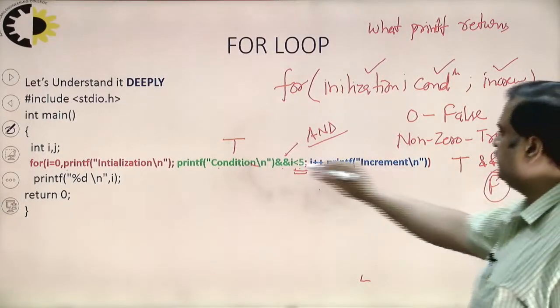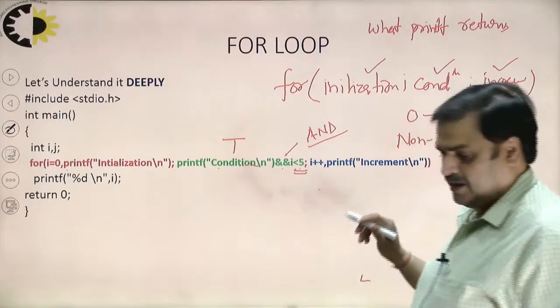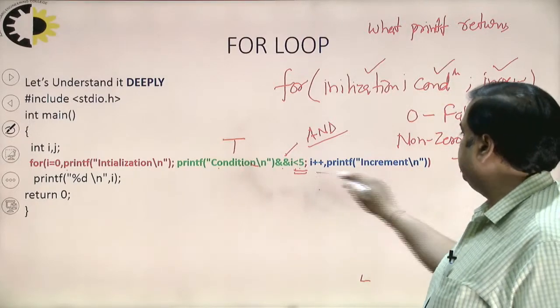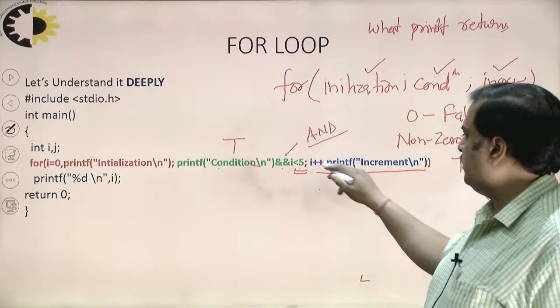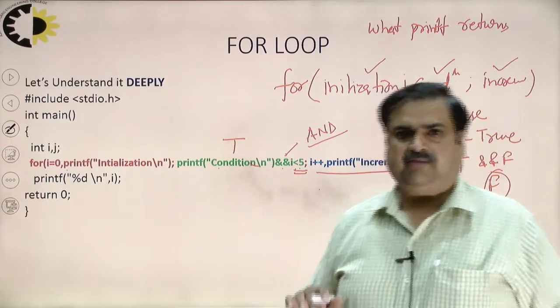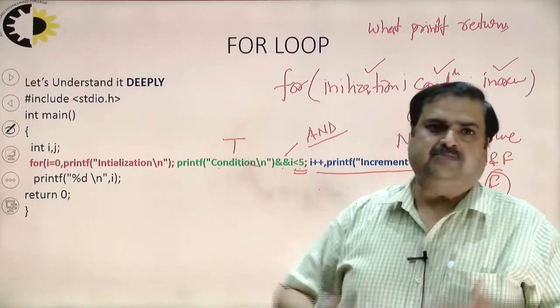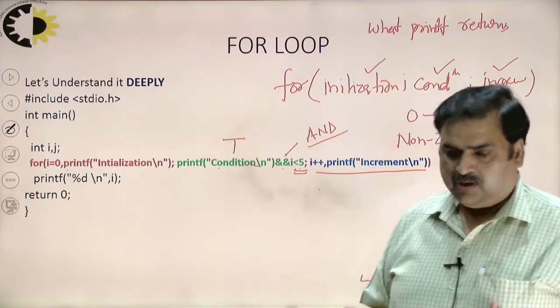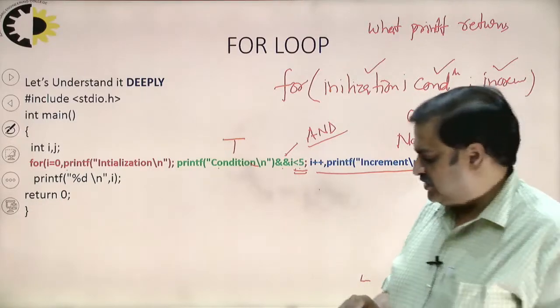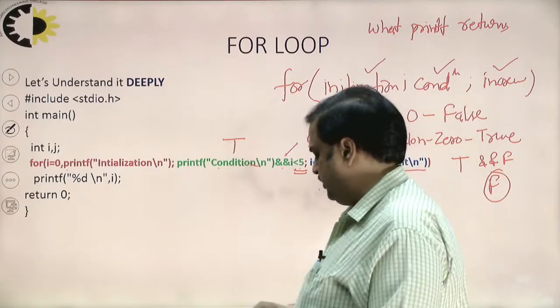That means it will not create any issue for our for loop. And here we are performing the increment and one printing, just to check how many times this increment is going to execute. So let's check this by compiling.